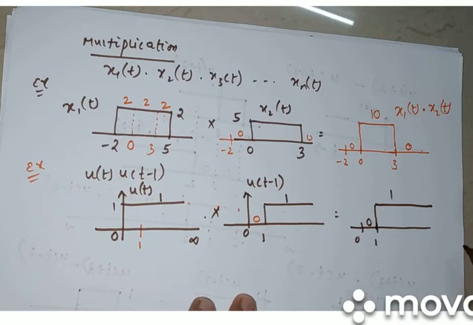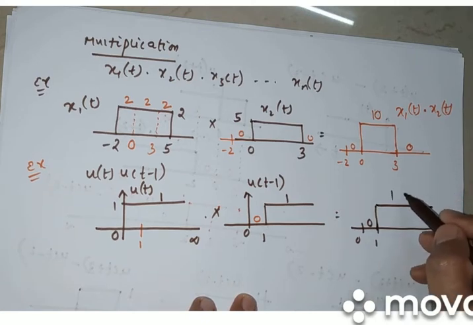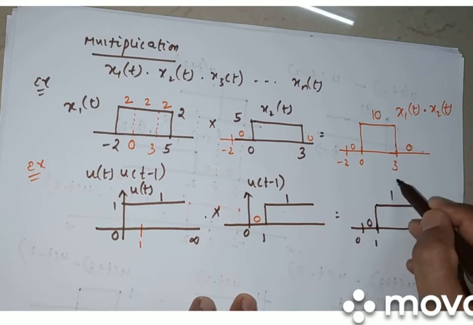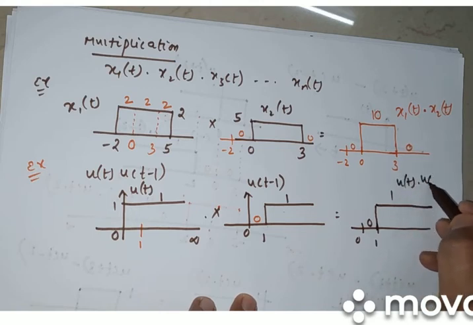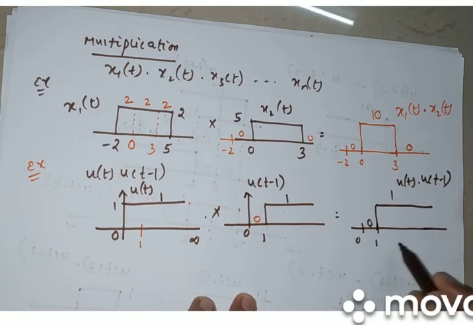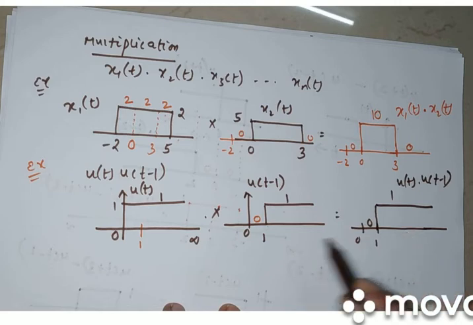Okay, clear? So this is your u(t) multiply u(t-1). And if you see this signal, it is equal to u(t-1), yes or not? See, u(t-1) and this result both are the same.